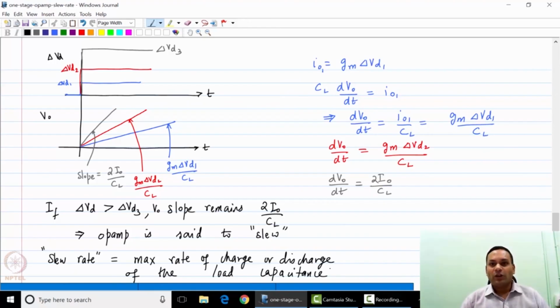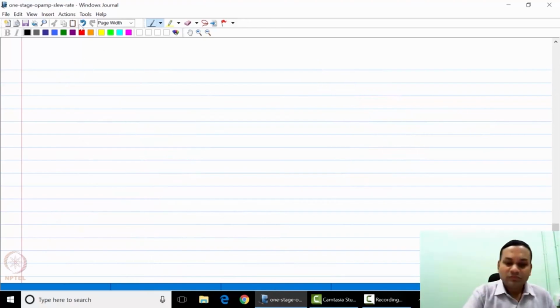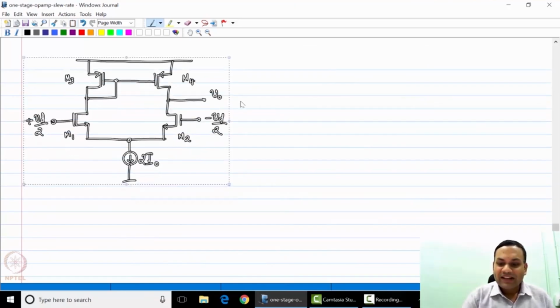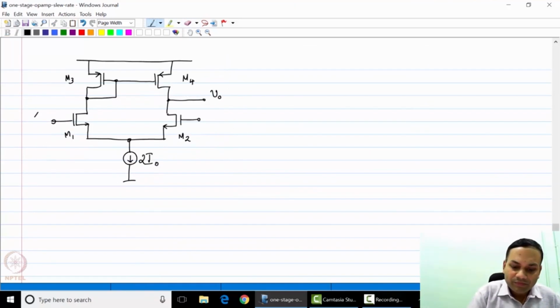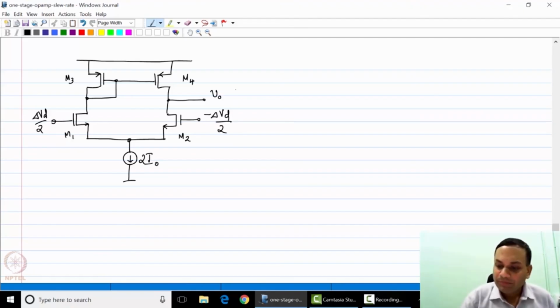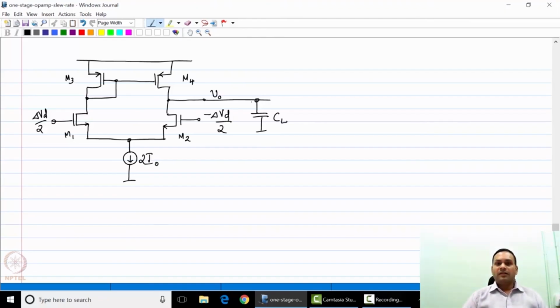So let us now find out what the slew rate of the op-amp is. Let us take this op-amp and apply a positive step, and let us assume that the op-amp is charging some load capacitance CL.